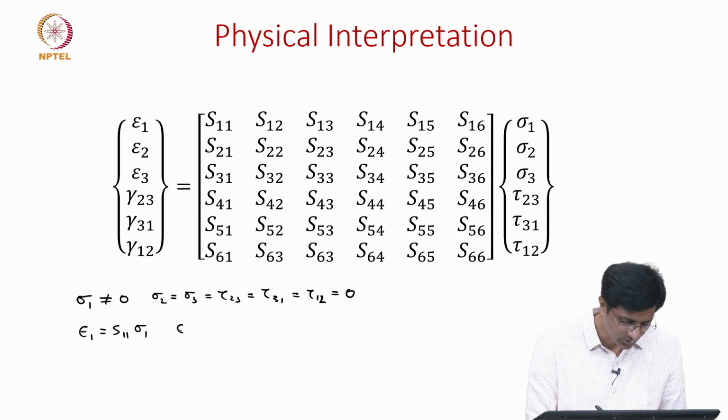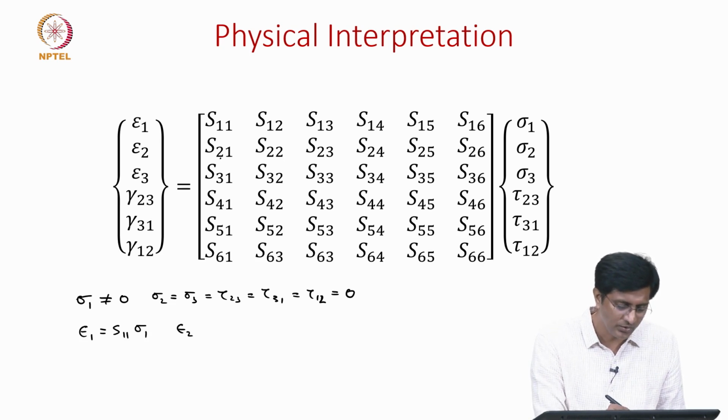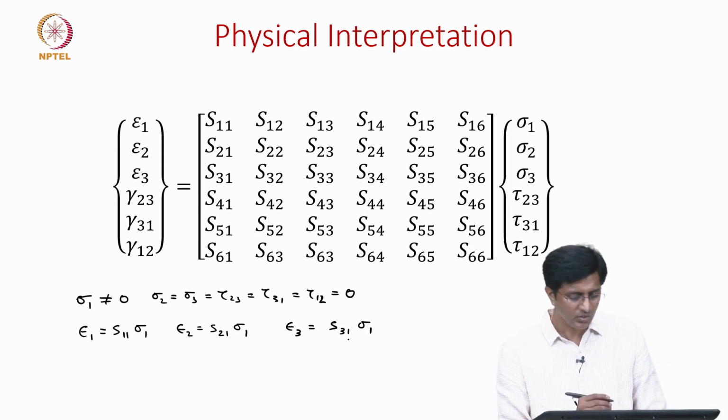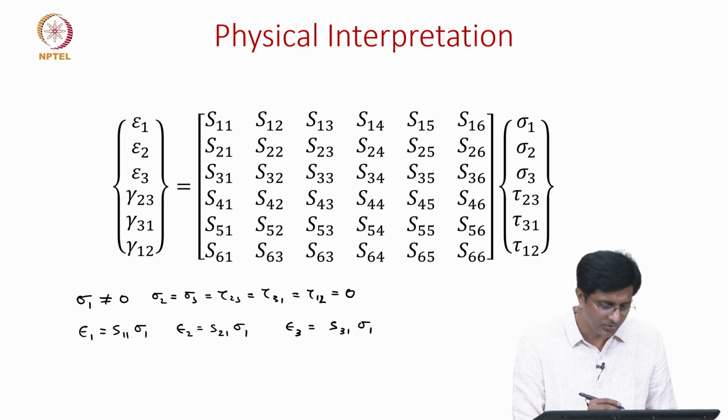And what about epsilon 2? For epsilon 2 it will be S21 times sigma 1. Similarly, epsilon 3 is S31 times sigma 1.